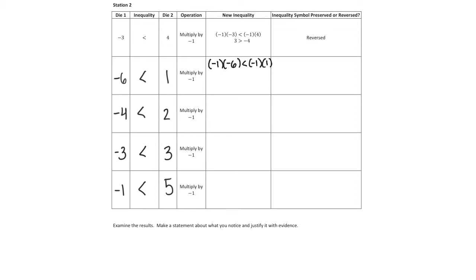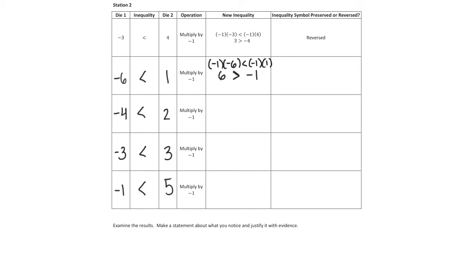A negative times a negative is going to give me a positive. So -1 times -6 is going to give me +6. Then I have -1 times 1. A negative times a positive equals a negative, so I'm going to get -1. Now, I know that 6 is greater than -1, so I'm going to use the greater than symbol.